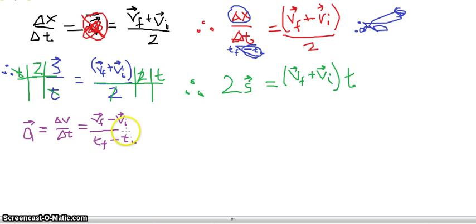This is the same deal as before. That goes away. So basically, therefore, you have acceleration equals, I'm going to put these in parentheses too, velocity final minus velocity initial, all over time.